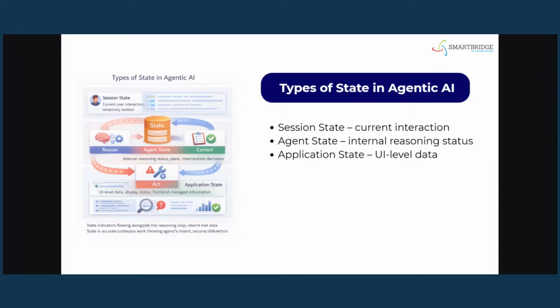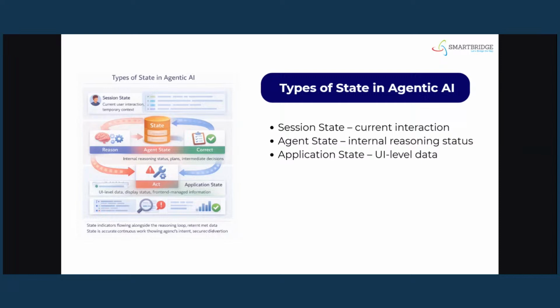So now let's go a little deeper and understand the different kinds of states that exist inside agentic AI systems. Because not all state is the same. When people hear state, they often think it is just one thing, but in reality, there are multiple layers of state working together. Each one plays a different role in keeping the system organized and predictable.